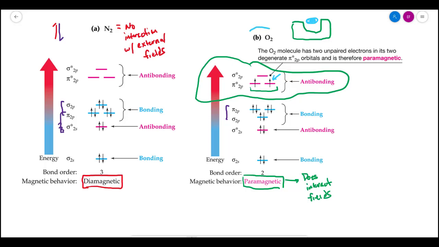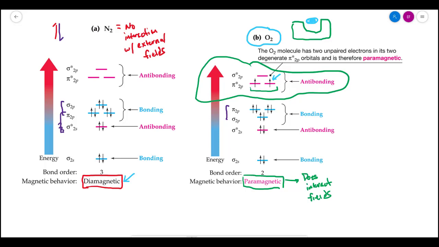This is a big implication because from hybrid orbital and valence bond theories, all electrons were always paired. Everything was always paired. And so hybrid and valence bond theory would predict that every molecule would always be diamagnetic. Whereas molecular orbital theory was the first electronic theory that actually predicted the difference in behavior, diamagnetic and paramagnetic.